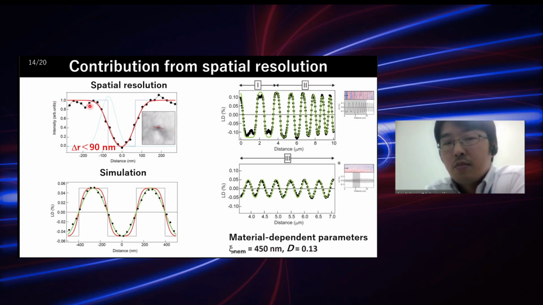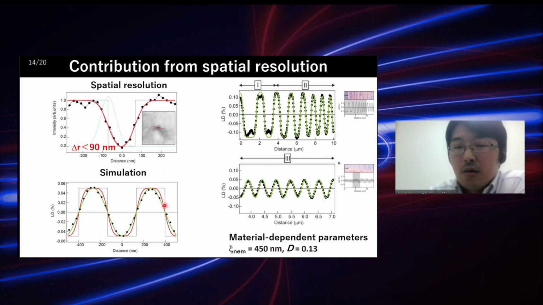These black dots are the line profile, and by assuming a rectangular shape for the impurities, we can estimate the upper limit of the spatial resolution. In this case, 90 nanometers is the upper limit. By assuming 90 nanometers as the spatial resolution, we can simulate the rectangle shape. This red curve is the broadened rectangle shape due to the spatial resolution in this work.